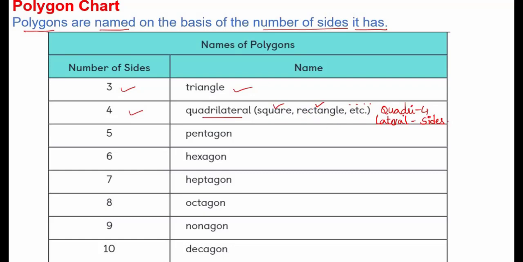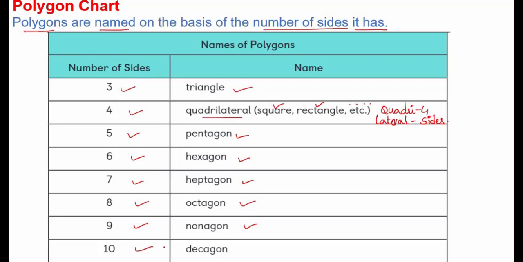So, a polygon with 5 sides is called a pentagon. A polygon with 6 sides is called a hexagon. A polygon with 7 sides is called a heptagon. A polygon with 8 sides is called an octagon. A polygon with 9 sides is called a nonagon.